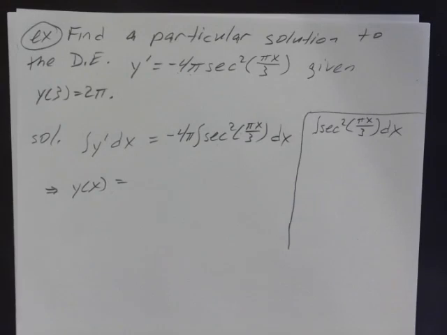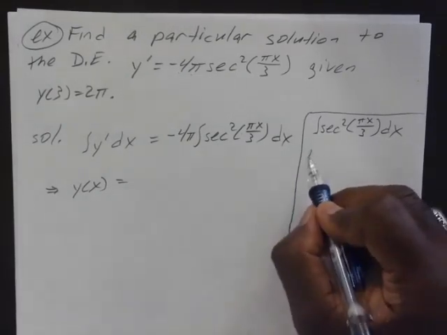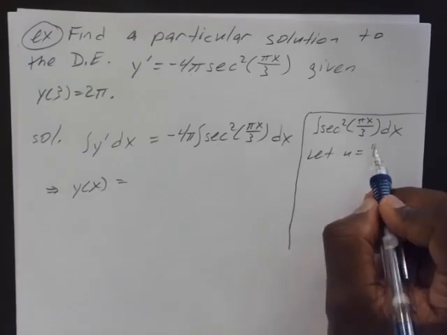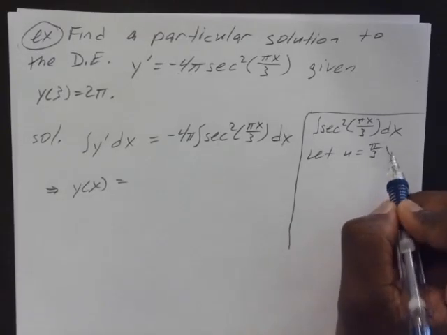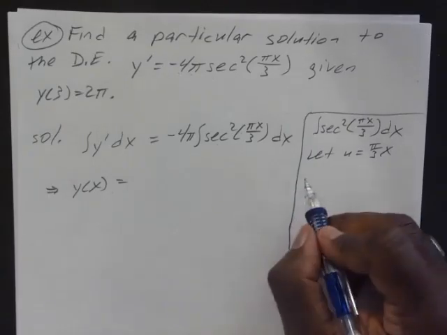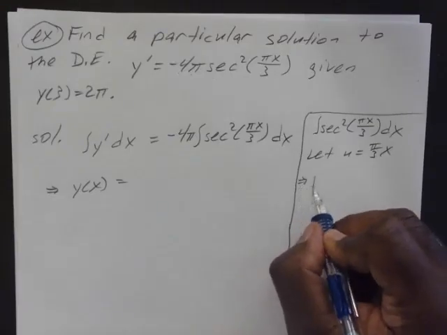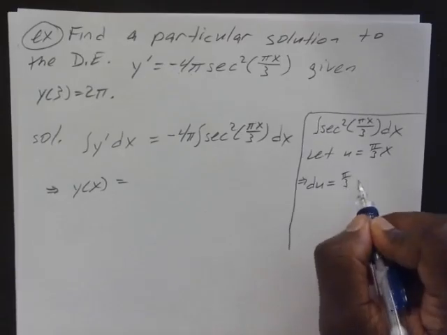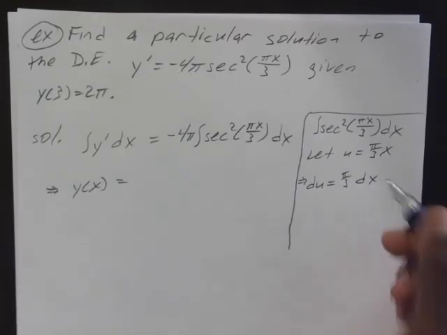Using u substitution, we're going to let u equal pi over 3 times x, which means if we find the derivative, du is equal to pi over 3 dx.